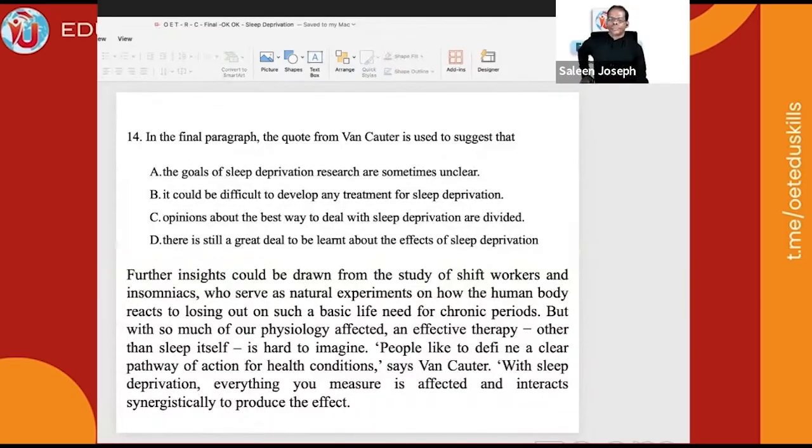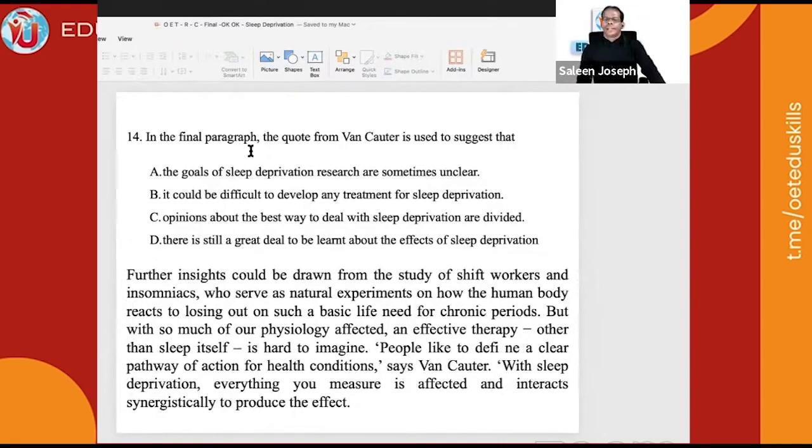Further insights could be drawn from the study of shift workers and insomniacs, who serve as natural experiments on how the human body reacts to losing out on such a basic life need for chronic periods. But with so much of our physiology affected, an effective therapy other than sleep itself is hard to imagine. People like to define a clear pathway of action for health conditions, says Van Cotter. With sleep deprivation, everything you measure is affected and interacts synergistically to produce the effect.